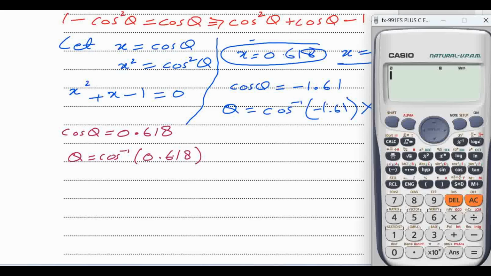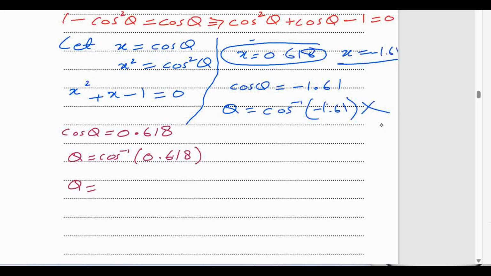So shift cos inverse of 0.618 gives 51.82. So theta will be equal to 51.82. Now from here we will discuss a very important point.